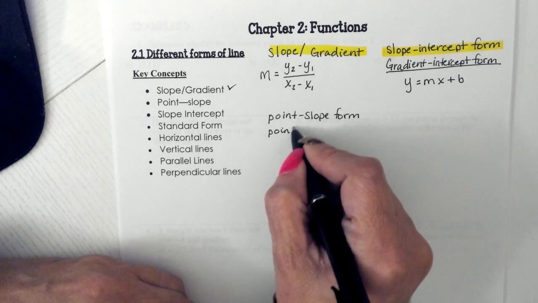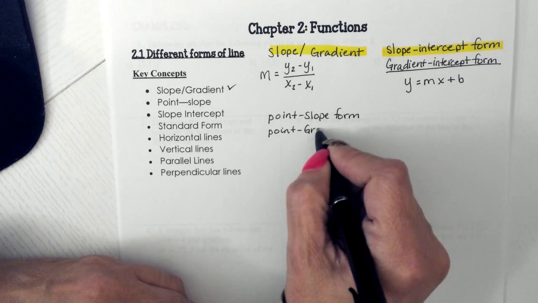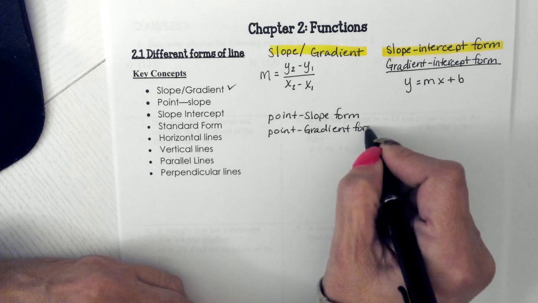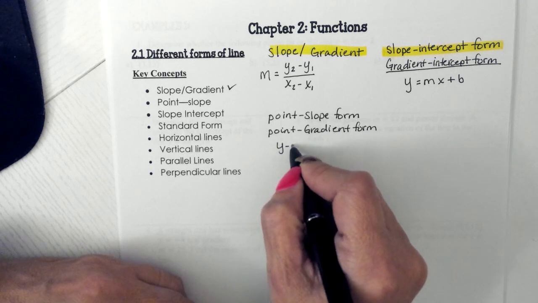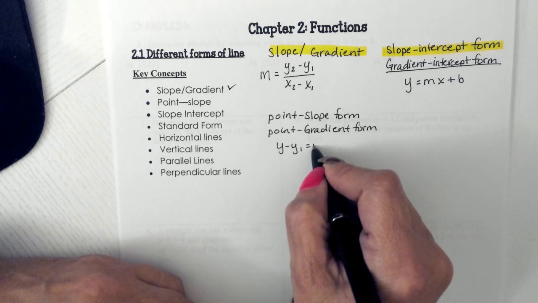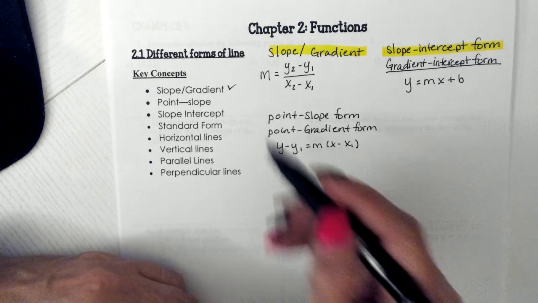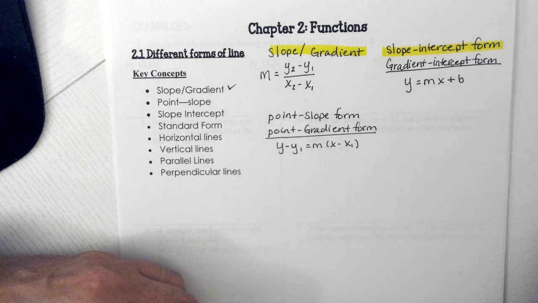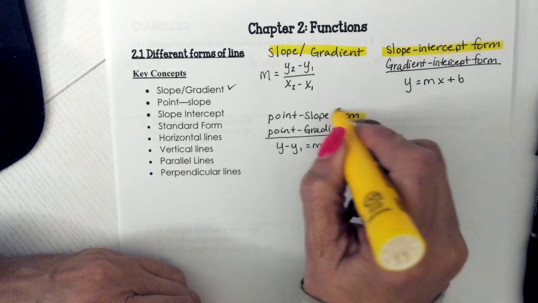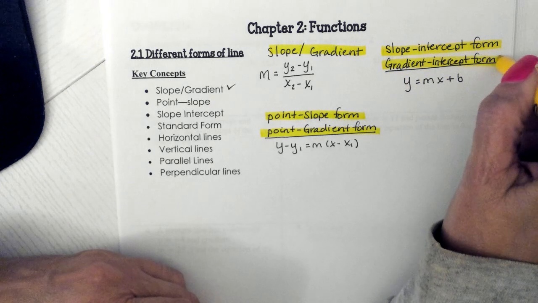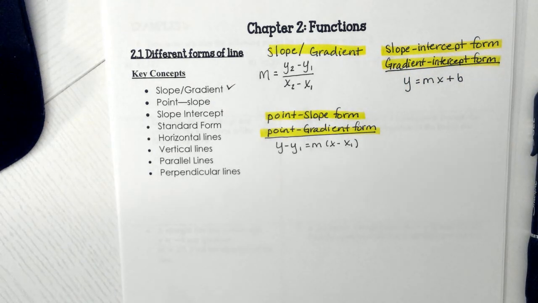I'm going to say point gradient form. Well, that's going to be y minus y1 equals the slope times x minus x1. My Algebra 1 students just got through doing a unit where we taught this. We just literally finished it. All right, so point slope form.